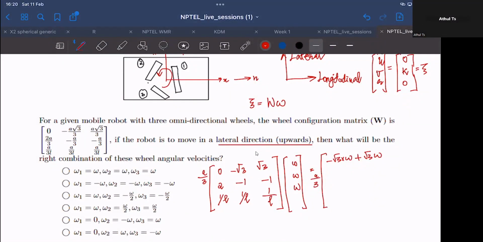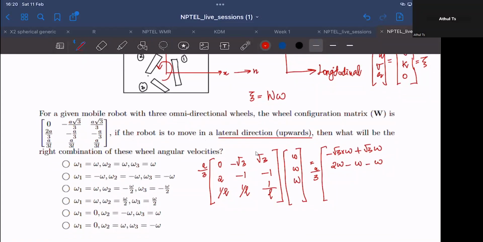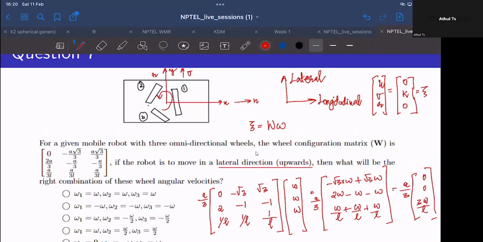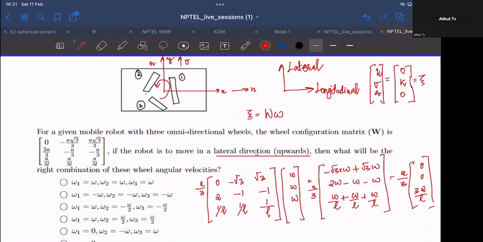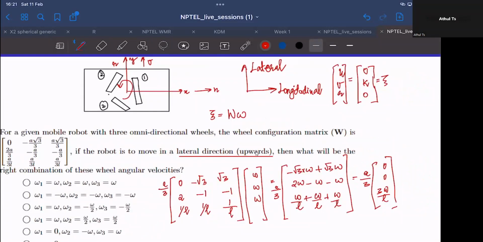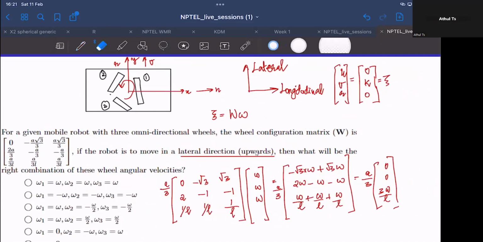The second row would be 2 omega minus omega minus omega, and the third row would be omega by L plus omega by L plus omega by L. So it will look like 0, 0, 3 omega by L. Only the third row is non-zero. But according to the question, we want only the second row to be non-zero and not the third row. So obviously the first option is not the correct one.